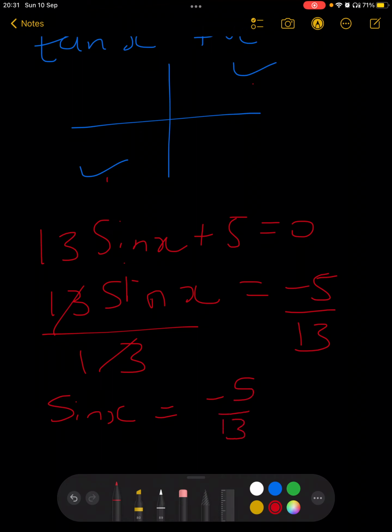Now, where is sine negative? Sine is negative in the fourth and the third quadrant. So the quadrant with the most ticks is the one where we're going to draw our right angle triangle. Now let's try and do that.